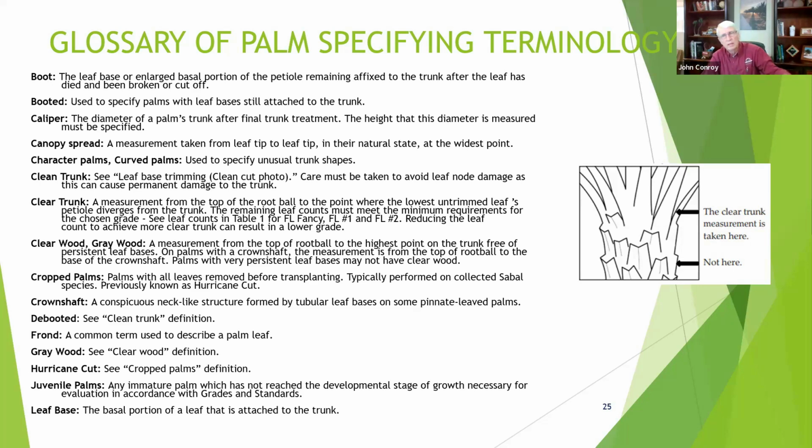So we came up with, I hope, a fairly airtight description of what clear trunk is, and it can be defined as that point where the leaf petiole diverges from the trunk of the tree. That's the lowest untrimmed leaf.